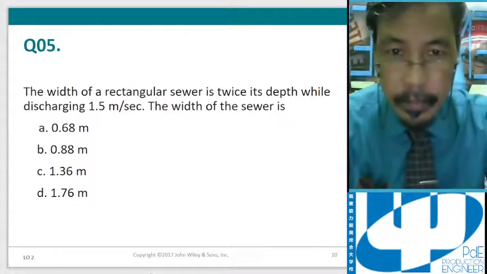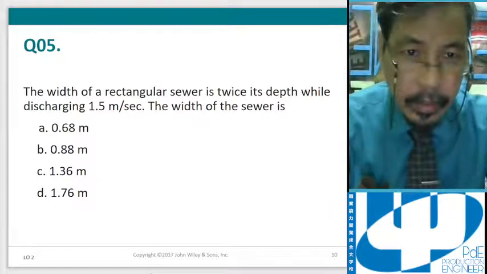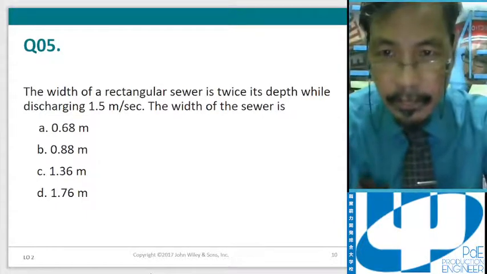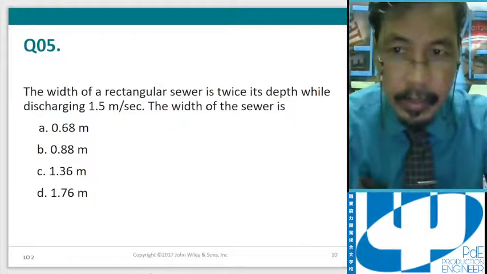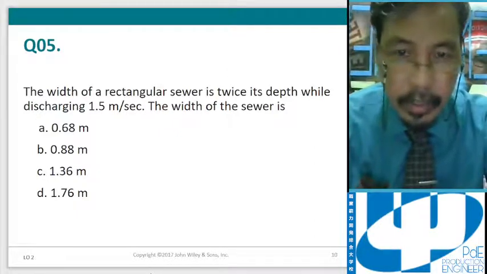Question 5. The width of a rectangular sewer is twice its depth while discharging 1.5 meter per second, the width of the sewer is.